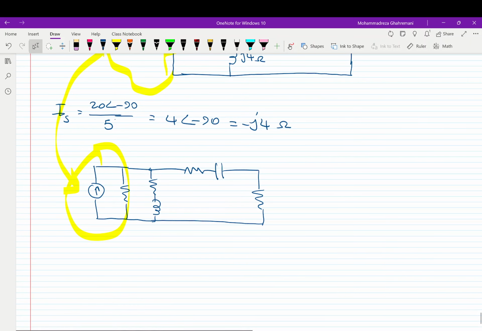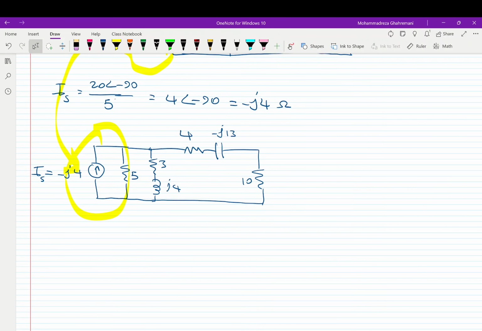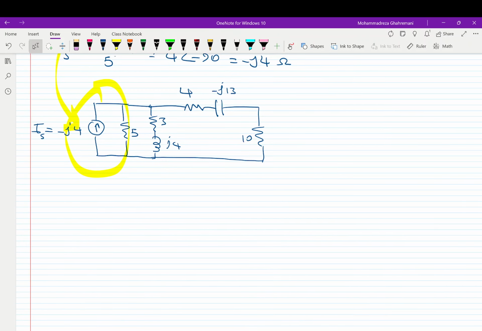Okay, the values are 4, negative j13, 10, 3, j4, 5, and the new value for the current source is equal to negative j4.